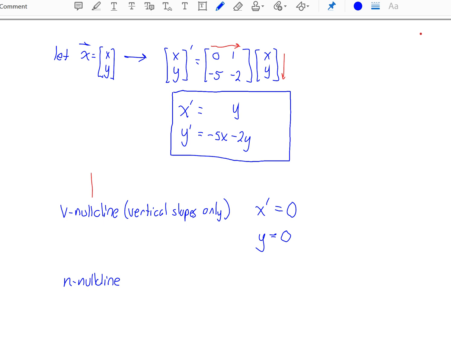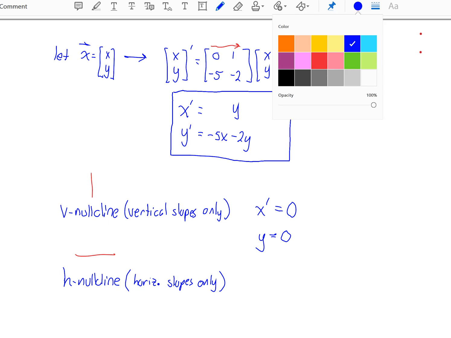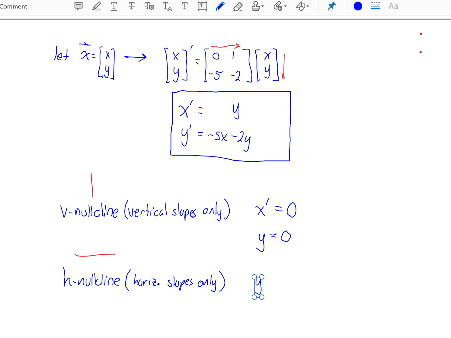Now let's look for our horizontal null cline. On a horizontal null cline, there are horizontal slopes only. So graphically, you're thinking horizontal null cline looks like this. But the only time you're going to have a horizontal null cline is if y prime is equal to 0.